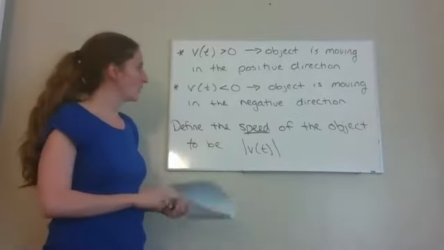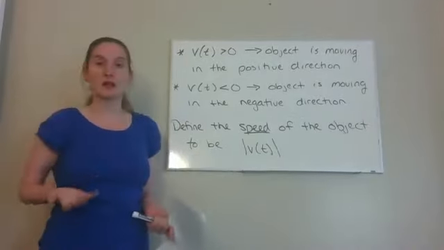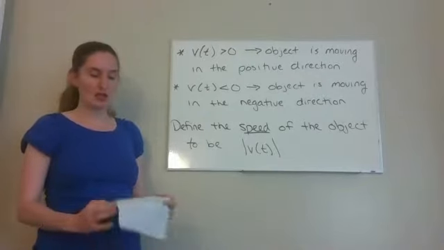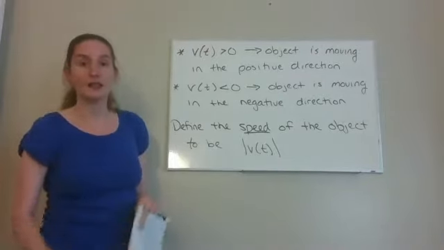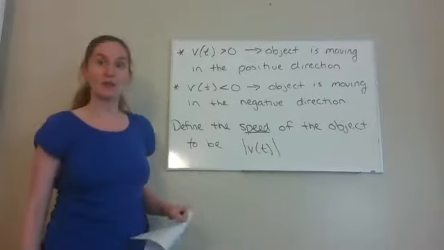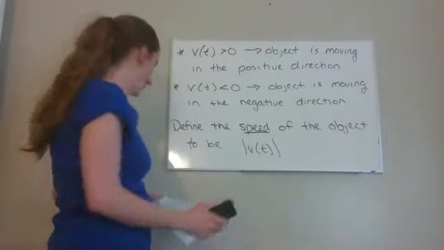So let's just start with a nice example. We're going to write down a position function, and we're going to find the velocity, acceleration, and speed functions for that object.